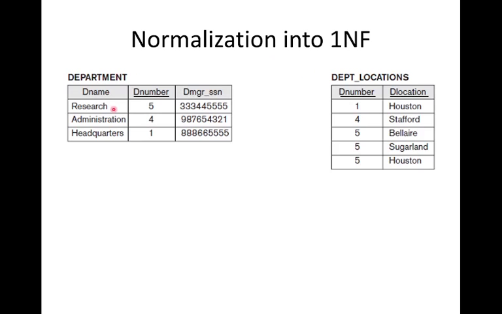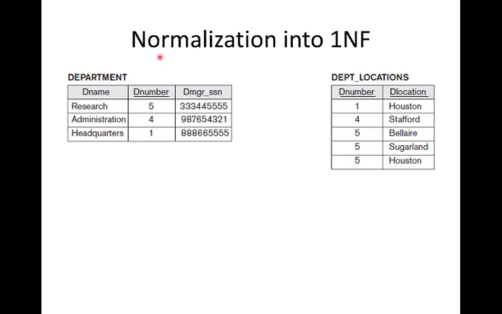So we will be normalizing like this. Another new relation is formed with the D location and the primary key D number. Now we have split it like this, so there won't be any redundancy problem or null value problem.